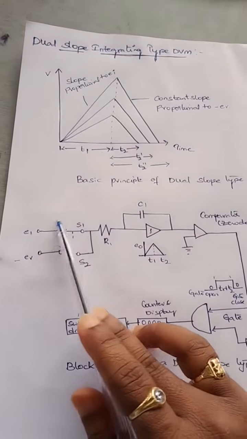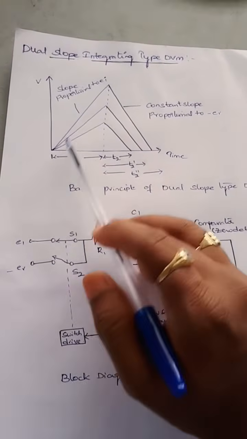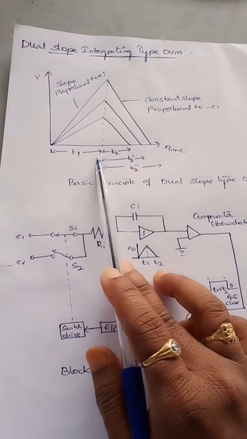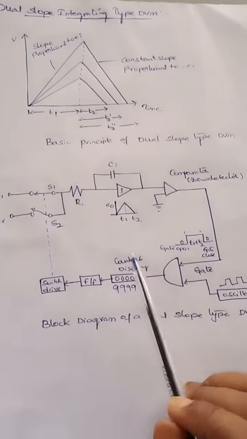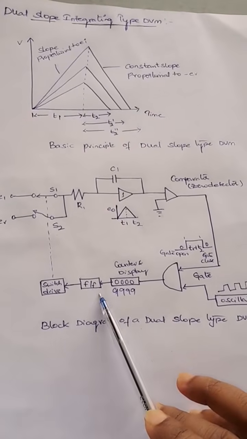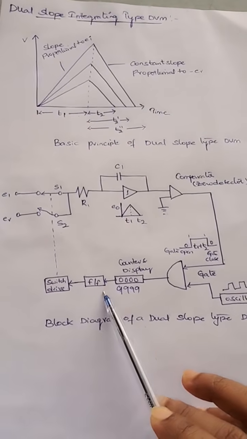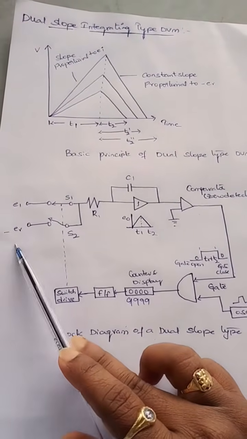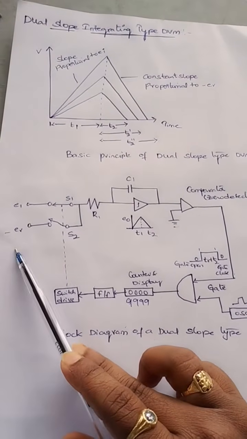We have already seen that during S1 connection we get a positive slope due to the capacitor charging, and the charging time period is taken as T1. Now switch S2 is connected to the negative voltage.